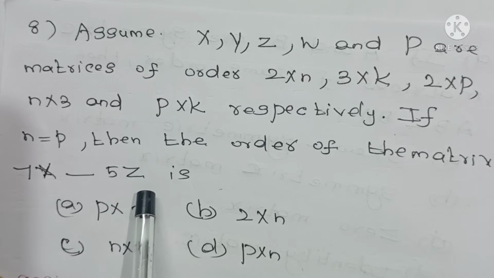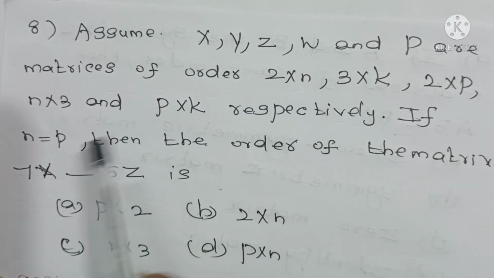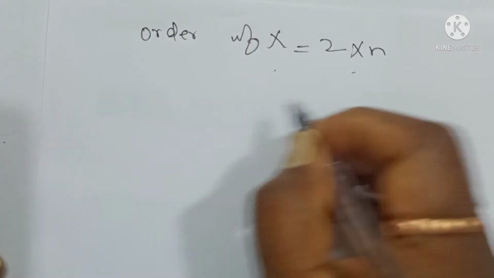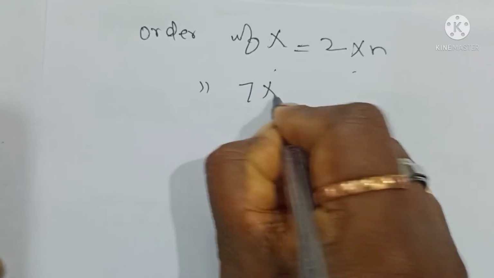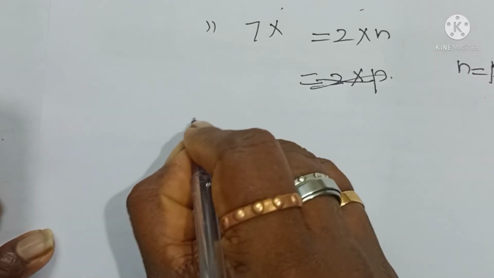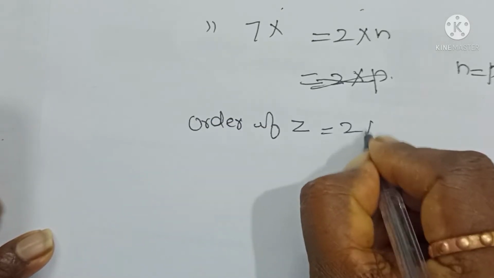This is very easy. What is the order of x? 2 by n, correct. So what is the order of 7x? Order of x is 2 by n, so the order of 7x is also 2 by n. Then what is the order of z? 2 by p.